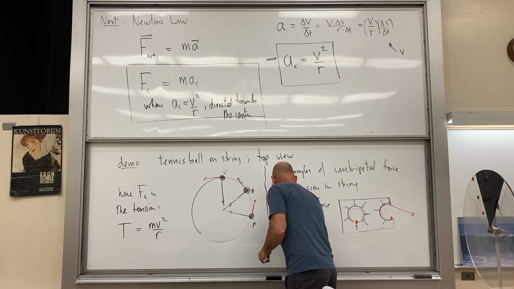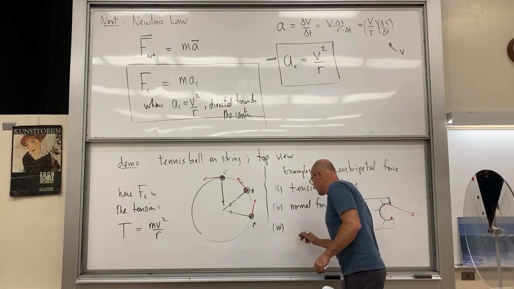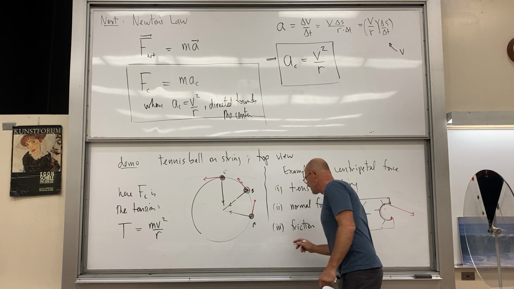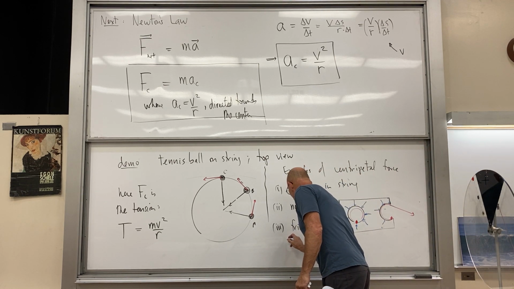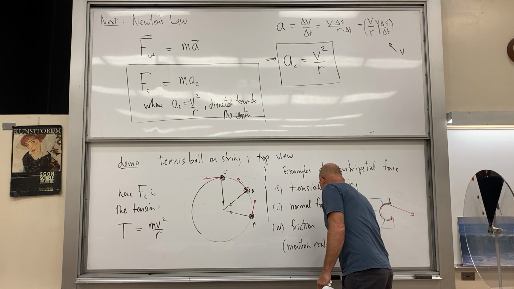The third example we're going to do is friction. And the example will be an automobile on a mountain road. So friction, parentheses, mountain road, or just a curved road.